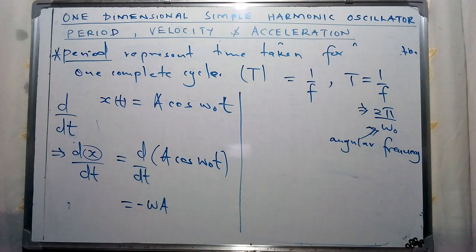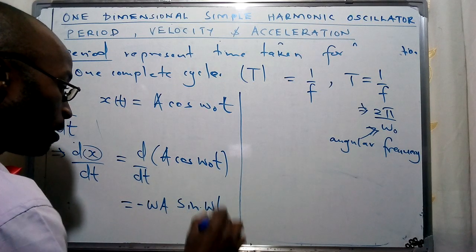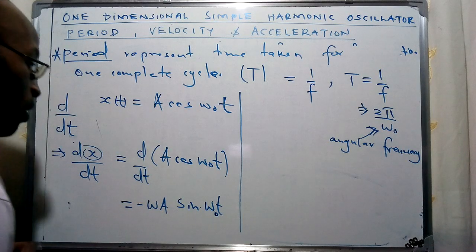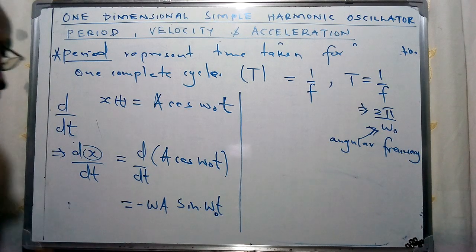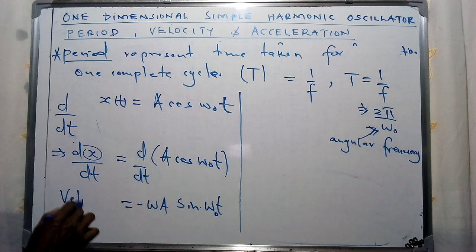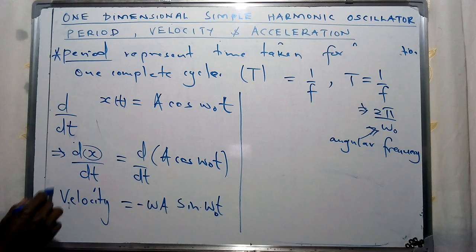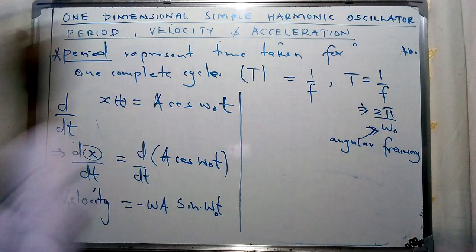This is a derivative of the trigonometric functions which we have done in some of our videos in mathematics. So this basically is going to represent velocity, since it is the first derivative of x, and therefore it is going to be representing our velocity component.